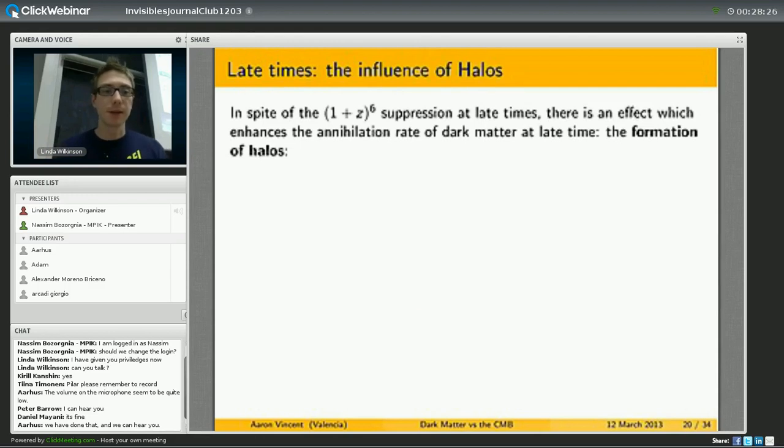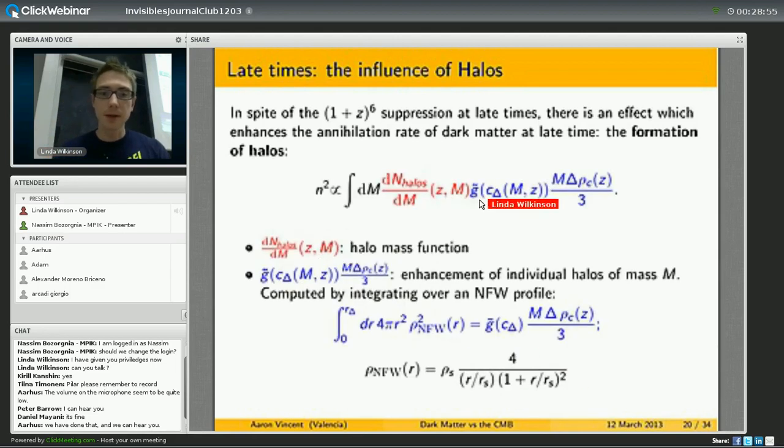So there's another effect at late times that I haven't talked about yet, and this is the effect of halos. So the dark matter annihilation rate goes as the number of dark matter particles squared, n squared, and collapse and formation of halos, so clusters of galaxies and galaxies, has the effect of boosting the annihilation rate by a very large factor, because you're increasing the average value of n squared. To compute this properly, you need to integrate over the density distribution of halos.